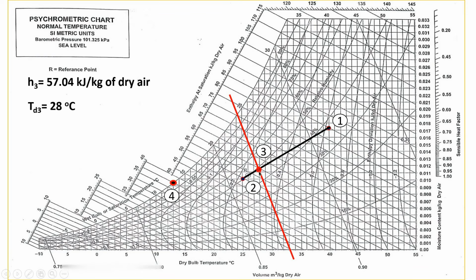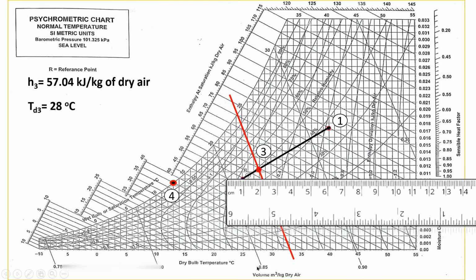Now to calculate a more accurate value of specific volume at point 3, we can measure the distance between these two lines, that is specific volume equal to 0.85 and 0.90, and also we can measure the distance between the point 3 line and the 0.85 line, and we can calculate a more accurate value. Here the distance between 0.85 and 0.9 is 60 mm.